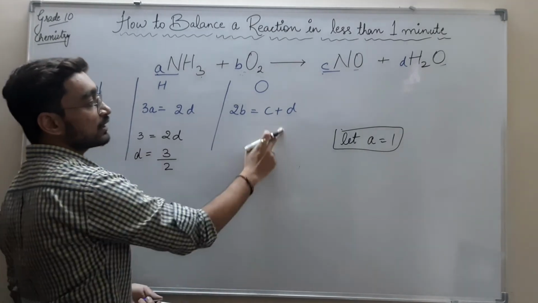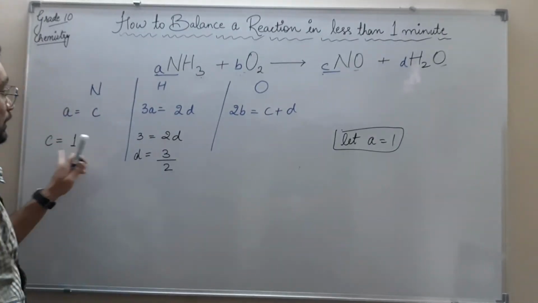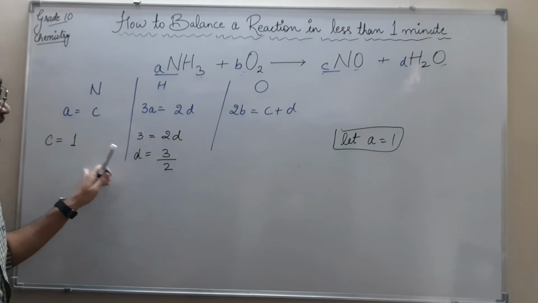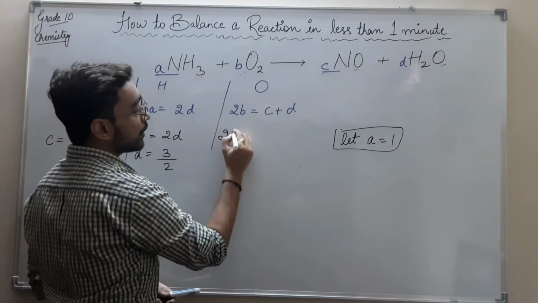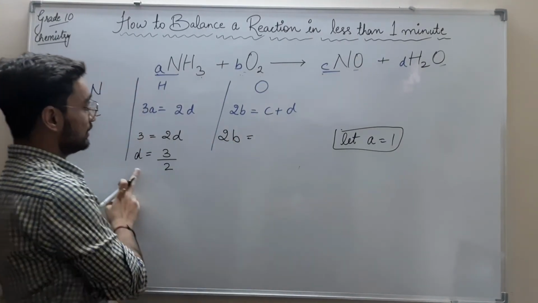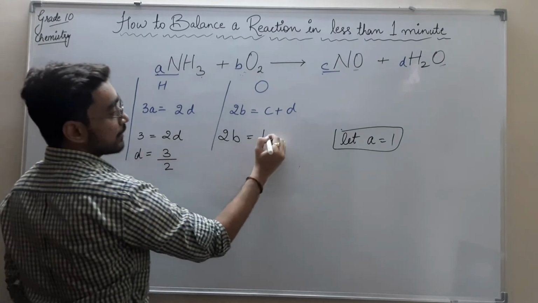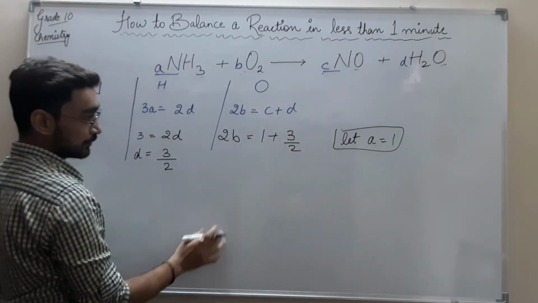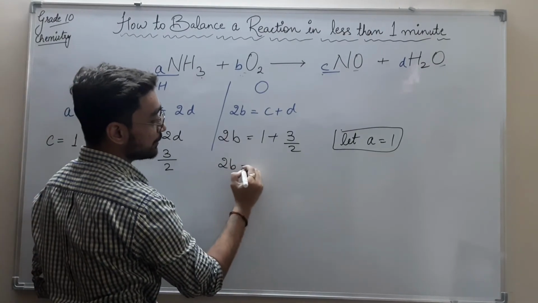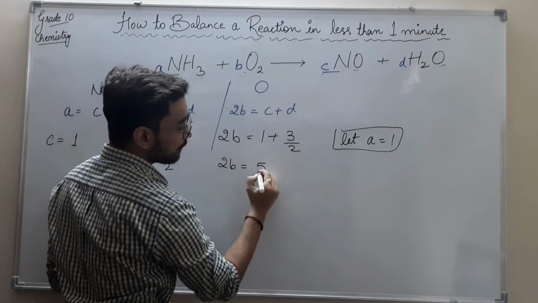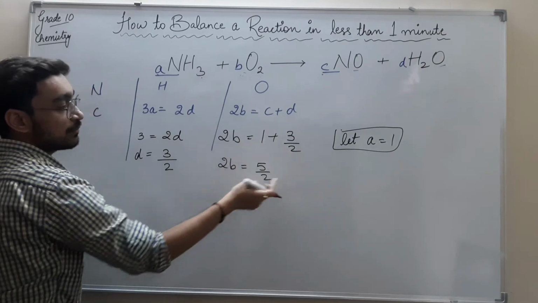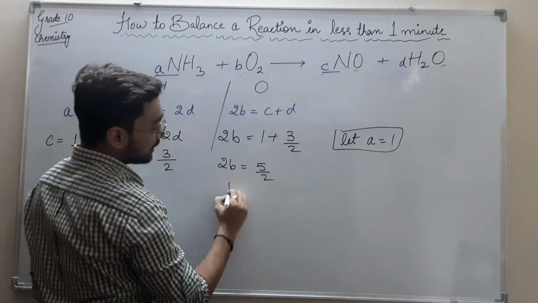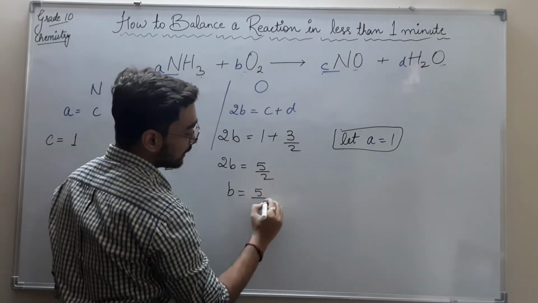Now substitute all the values here, because I got A, D, and I want to find out B and C. Twice of B will be equal to C plus D, means 1 plus 3 by 2. Then twice of B will be equal to 5 by 2, because 1 plus 3 by 2 will give me 5 by 2. Then B will be equal to 5 by 4.